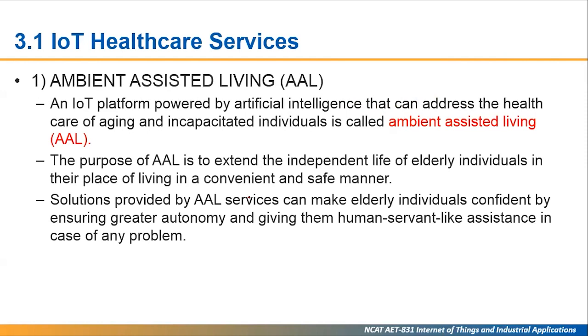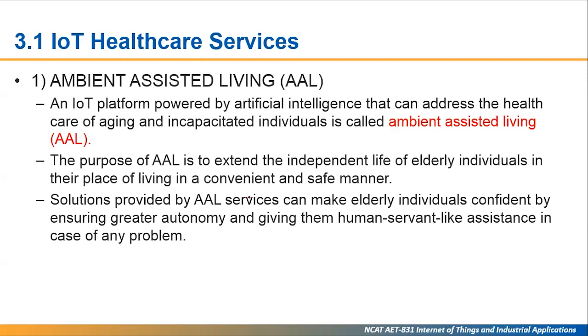The first one is ambient assisted living, an IoT platform powered by artificial intelligence that can adjust the healthcare of aging and incapacitated individuals. The purpose of AAL is to extend the independent life of elderly individuals in their place of living in a convenient and safe manner.